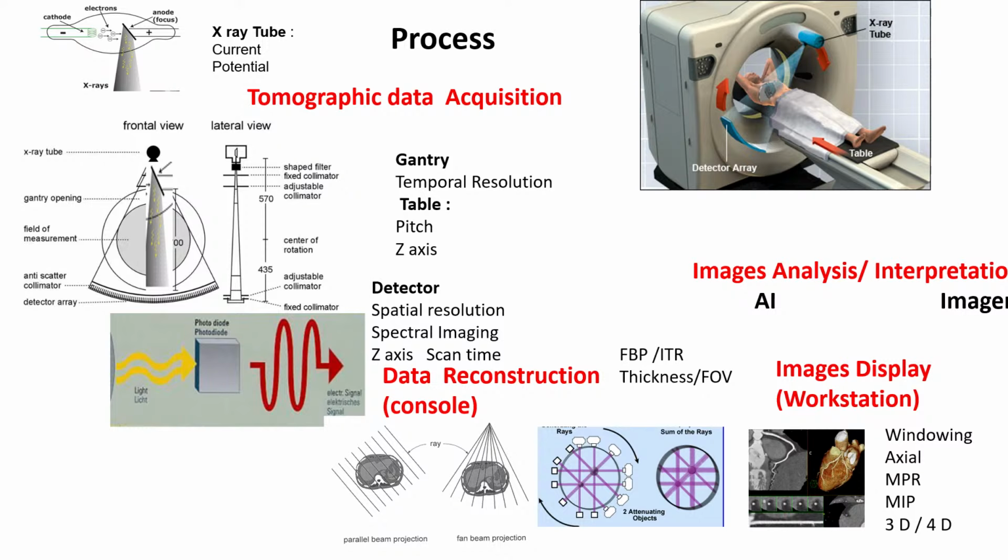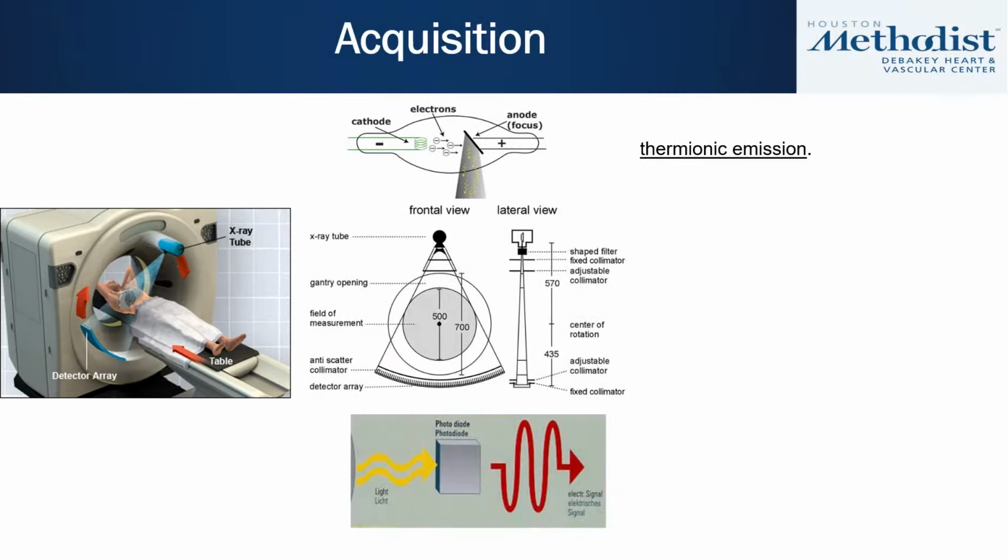And then using a mathematical model, you convert the transmission images into the image display that we are used to seeing in our workstation. That's a very simple description. Obviously, the process is very complicated and very mathematically involved.